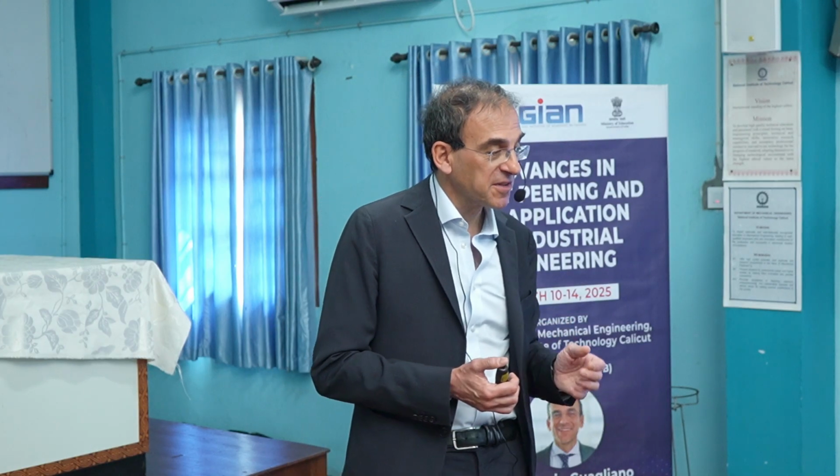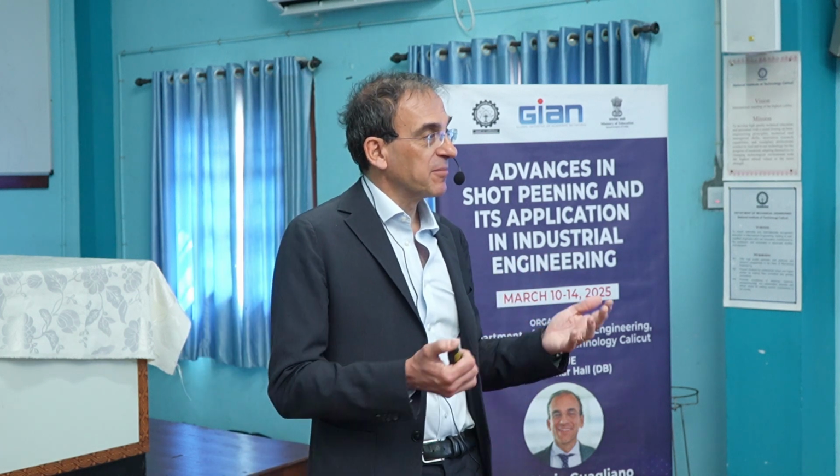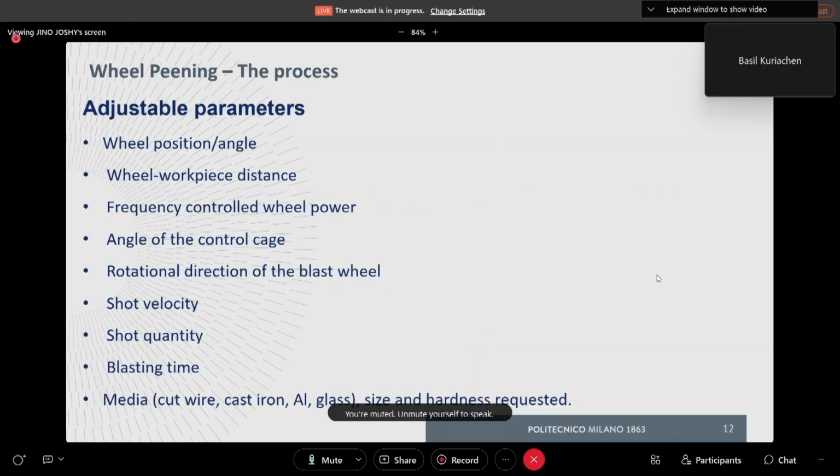The shot velocity depends on some parameters, but the most important one is the wheel rotational speed. The shot quantity and the blasting time, how long the treatment is, to be sure that we are adequately covering the area we want to treat. And the media.